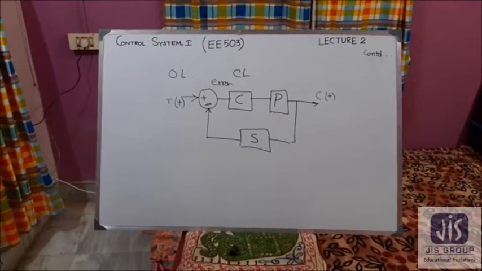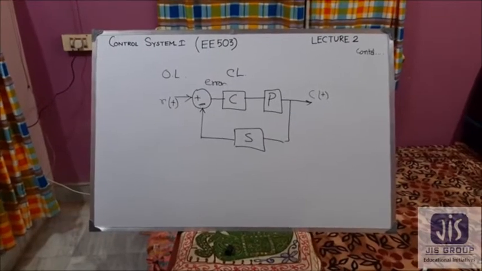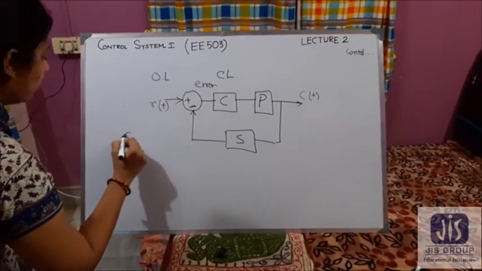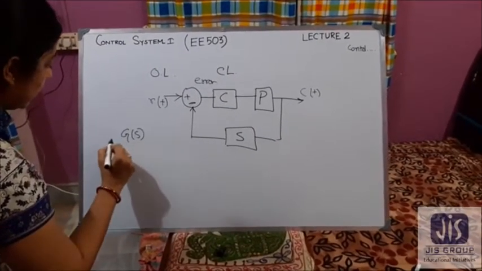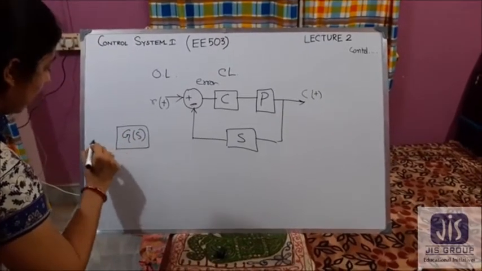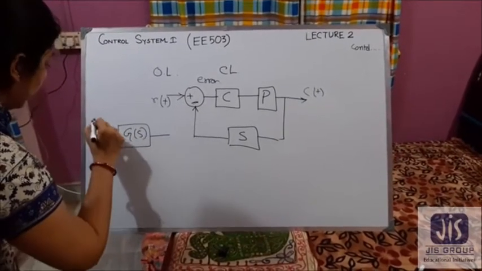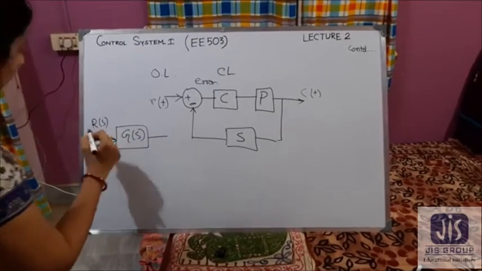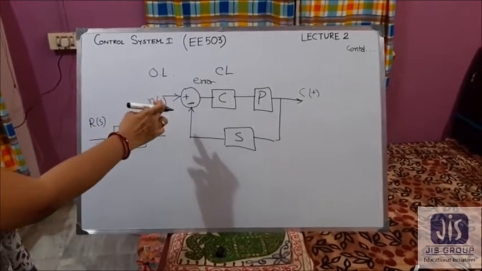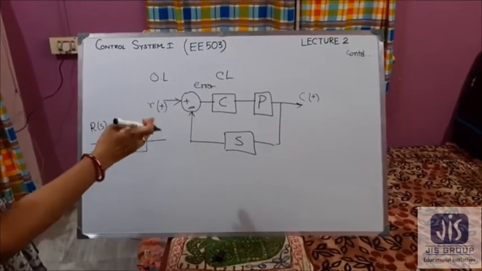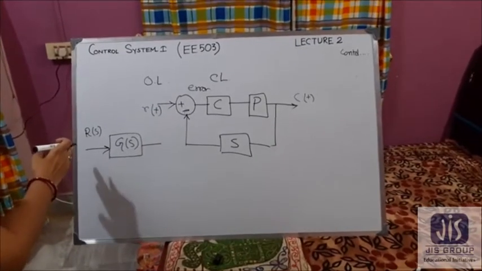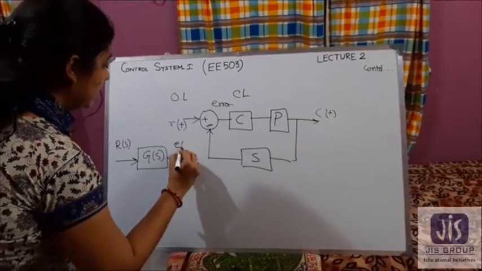Now, if we consider an open loop system with the transfer function G(s), when it is open loop, the input is R(s). Actually this is in the time domain, that is r(t), and when it is converted into the Laplace domain, it becomes R(s) and C(s).